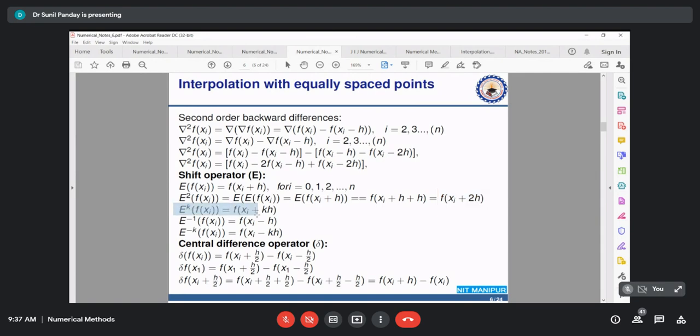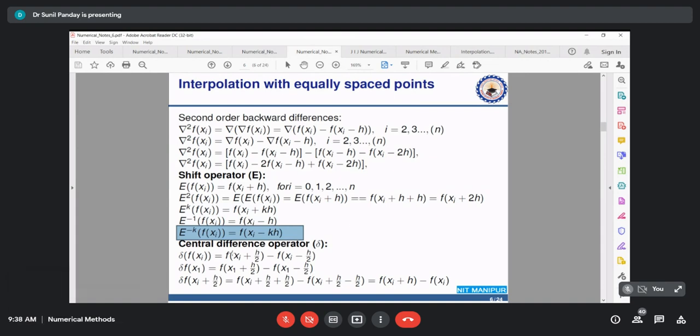And in general, k times application of the shift operator to the function f of x will give us f of xi plus kh. And we also have the inverse operator, like E to the minus 1 of f of xi is defined by f of xi minus h, and then E to the minus k of f of xi is f of xi minus kh. So this is the way we define our shift operator.